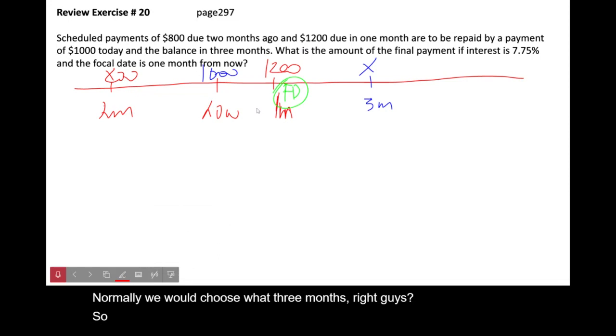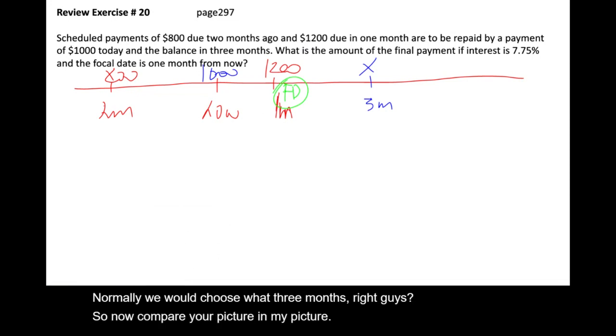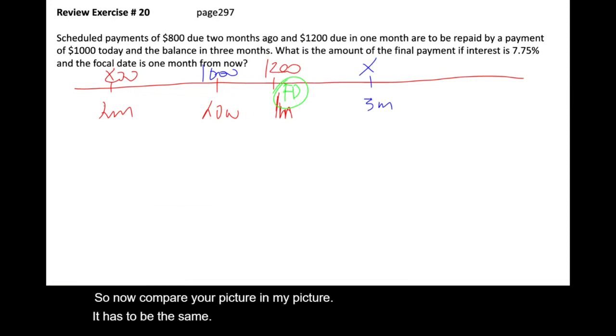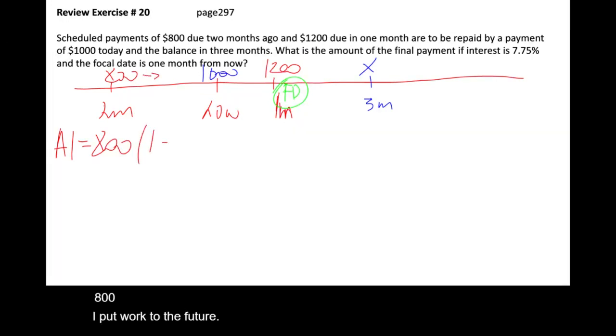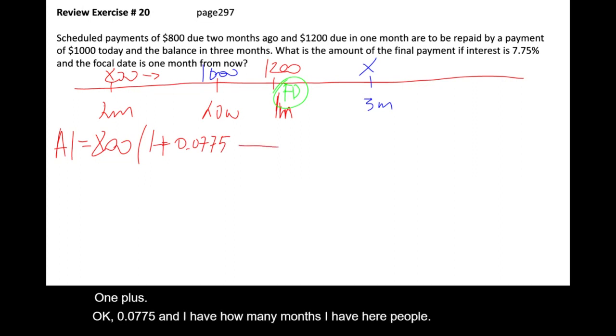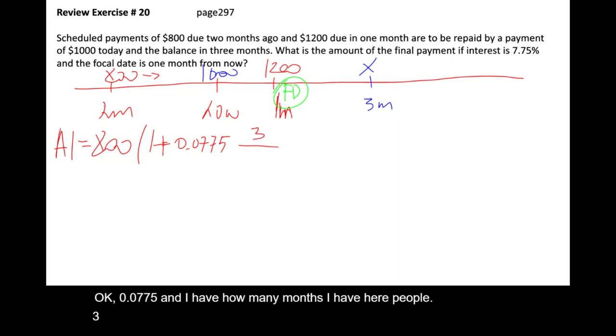So now compare your picture and my picture. It has to be the same. Let's work agreement by agreement. 800, I move to the future: 1 plus 0.0775. How many months do I have here, people? 3. Very good.